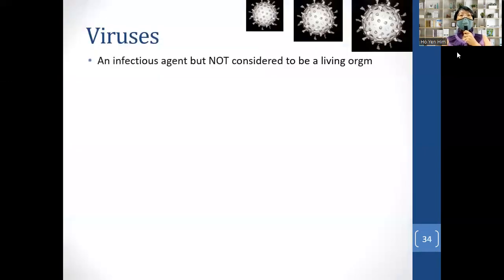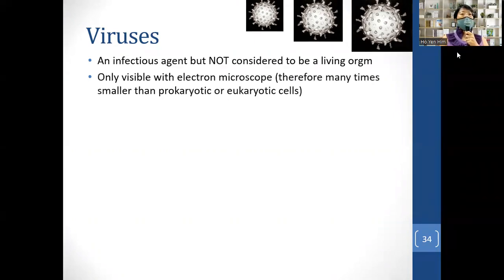A virus is an infectious agent because it infects a whole cell and converts it into a viral production factory. But it's not considered a living organism, as all of us know already. Because it doesn't have cellular structure, it doesn't have metabolism. And because a virus is so tiny, we can only see it using an electron microscope.